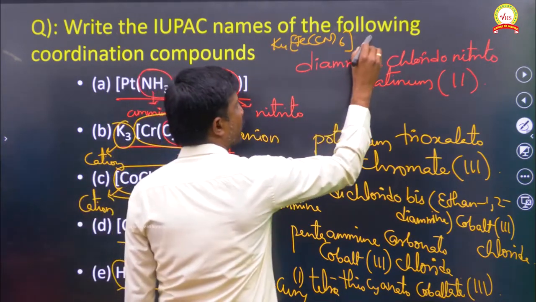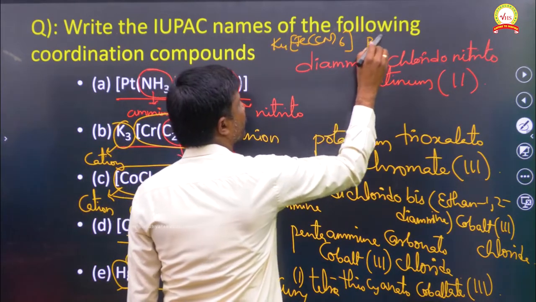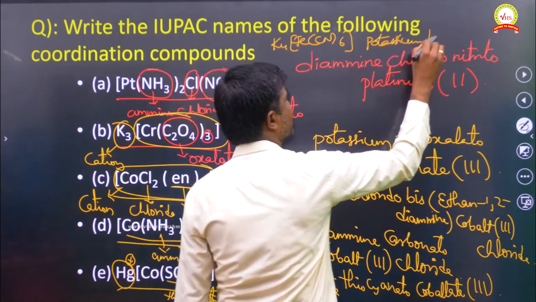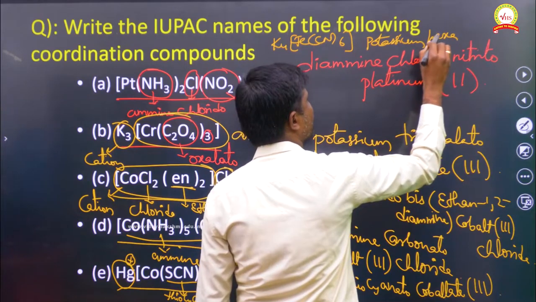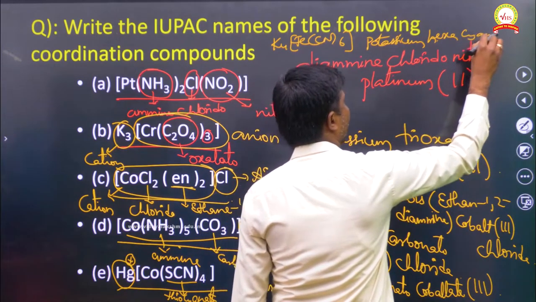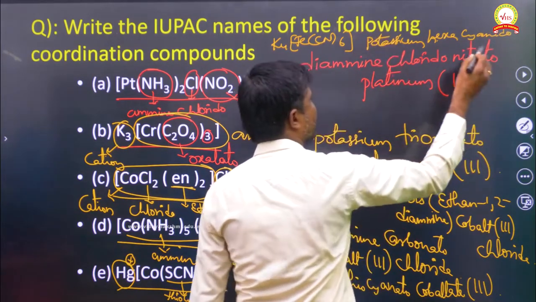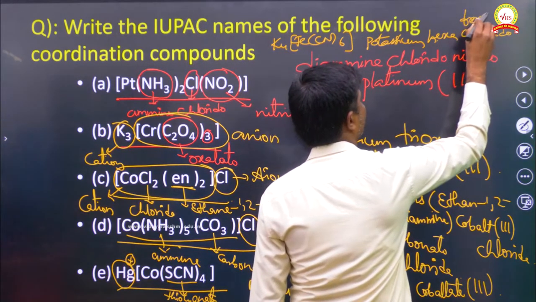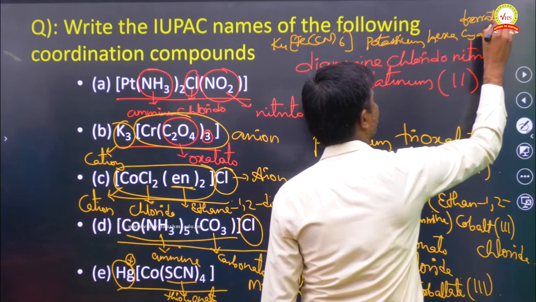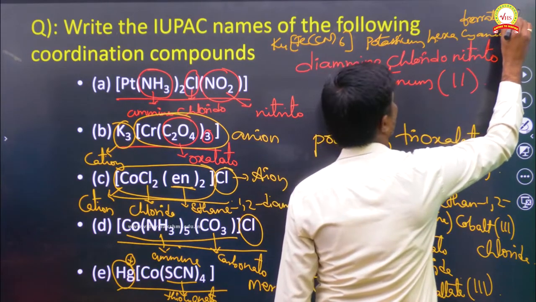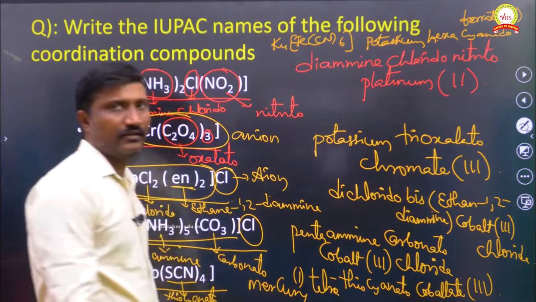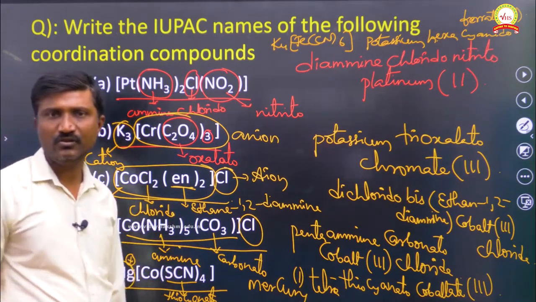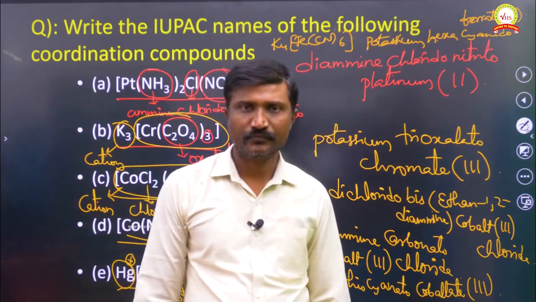So potassium hexacyanide, six cyanides are there, and iron is present in the negative sphere, so ferrate. Potassium hexacyanidoferrate 2. Okay, oxidation state is 2. So like this we have to give names to complex compounds.